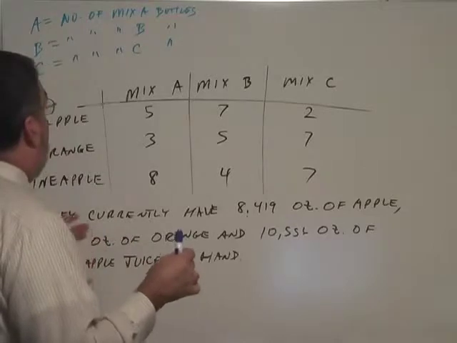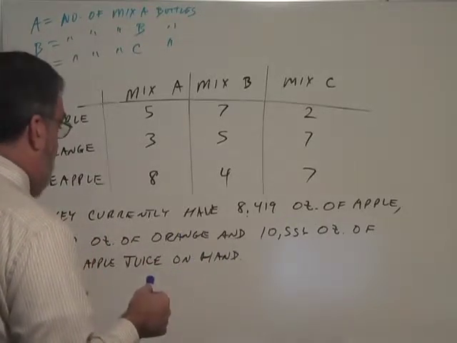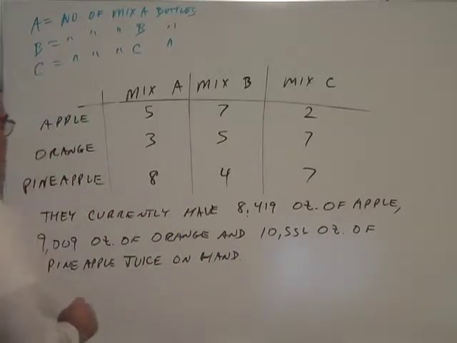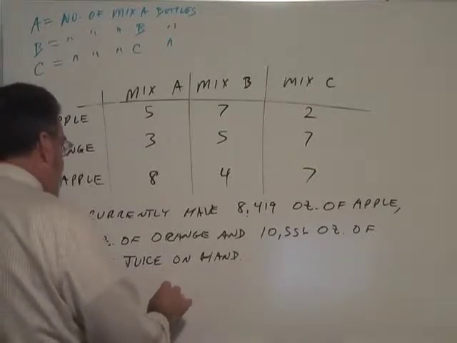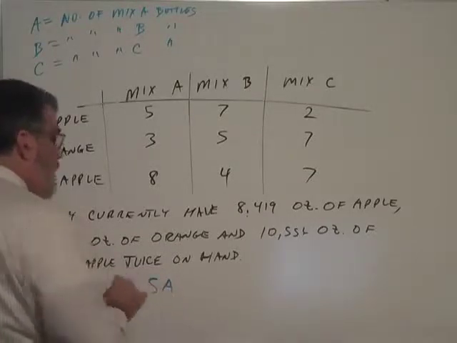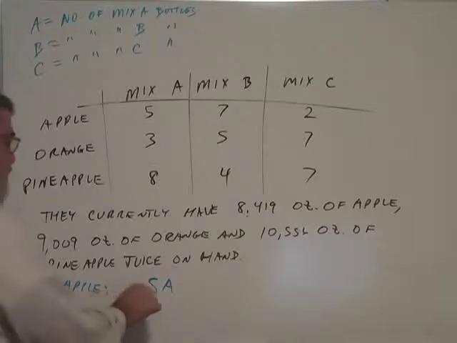I wish I had a little bigger board, but let me just start an equation here. For the apple juice, how many ounces of apple juice are used? Well, for each bottle of A, there are A number of bottles, and each bottle contains 5 ounces.